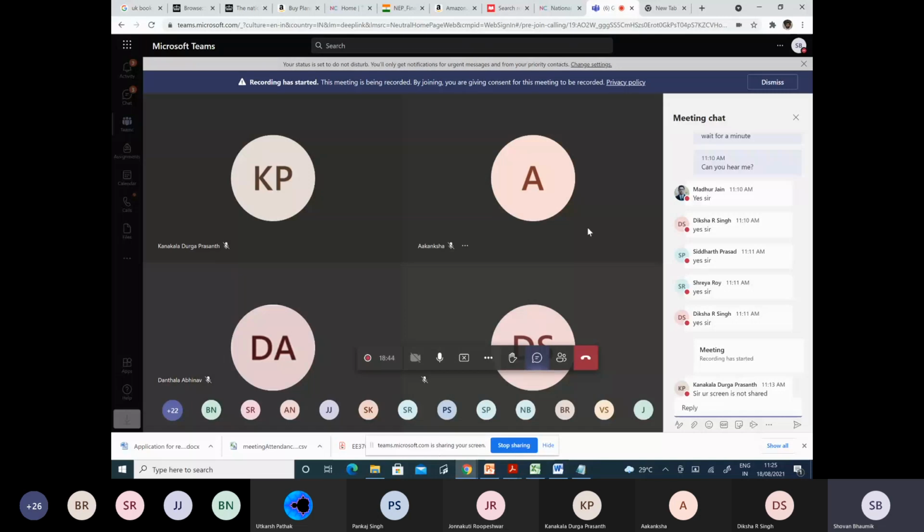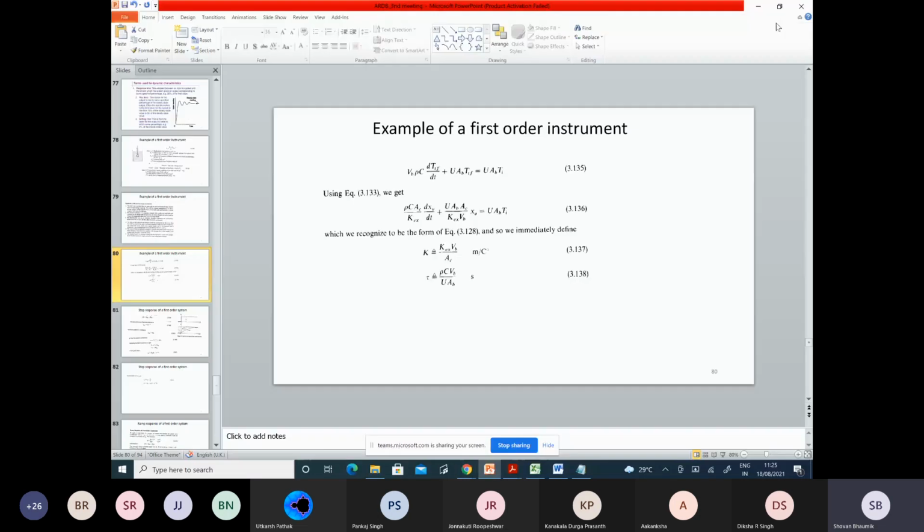So we can say that a thermometer is a first order instrument, because if we derive it, its transfer function is a first order differential equation, and we know the gain and the time constant.